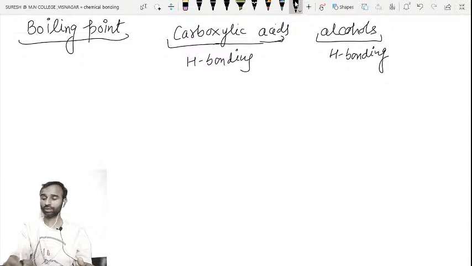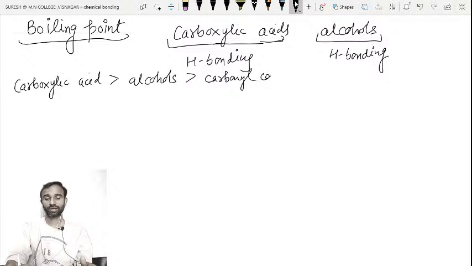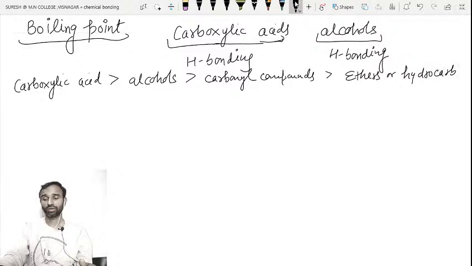But which one has higher boiling point? Tell me. The order is carboxylic acid has higher boiling point than alcohols, which in turn have higher boiling point than carbonyl compounds, higher than ethers or hydrocarbons, of comparable molecular masses, right?